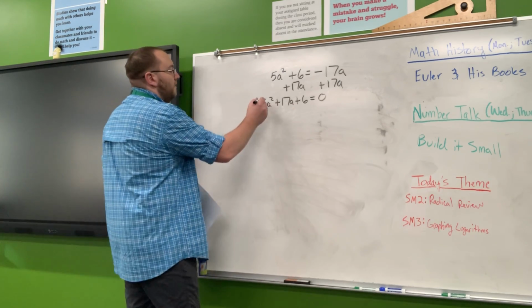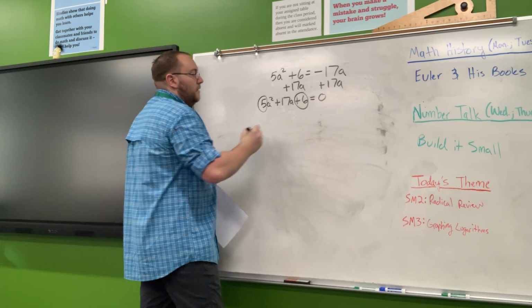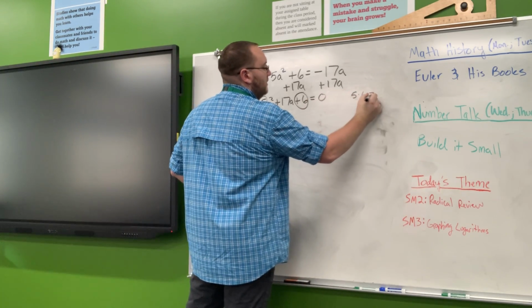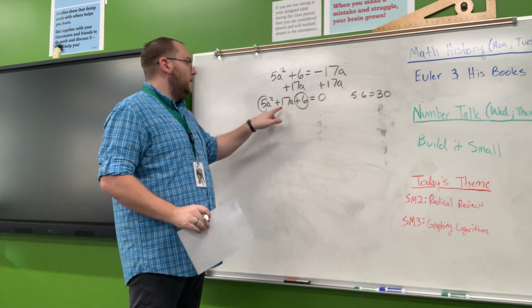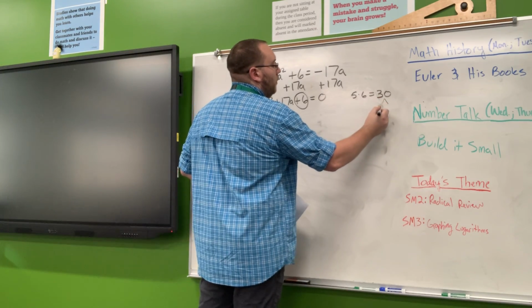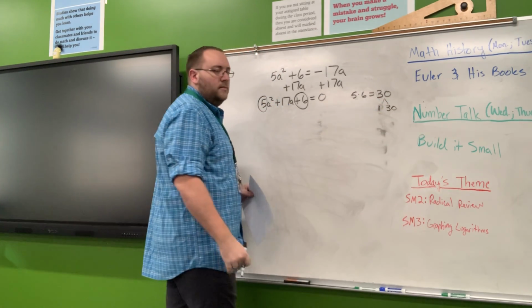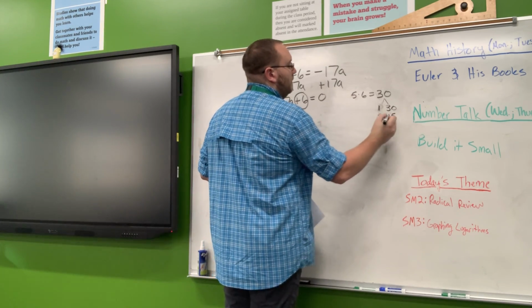Okay, so leading coefficient times the constant, a times c. Well, 5 times 6 is 30. We want factors of 30 that add to 17. Well, let's see. 1 and 30, does that add to 17? Nope. How about 2 and 15?